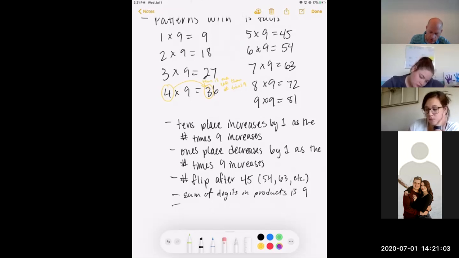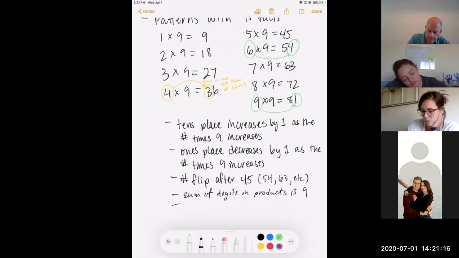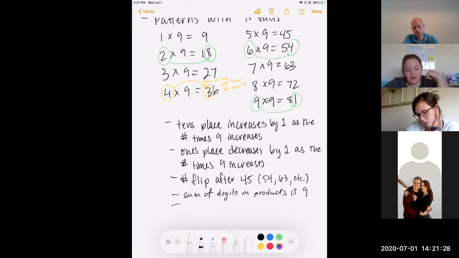Is there a connection between the ones digit and the number you're multiplying by 9? Take a look at a couple of these here. Is there a pattern there? It's 1 away from 10. So like 1 and 9. 9 is 1 away from 10. 8 is 2 away from 10. 7 is 3 away from 10. Right, what do we call that?